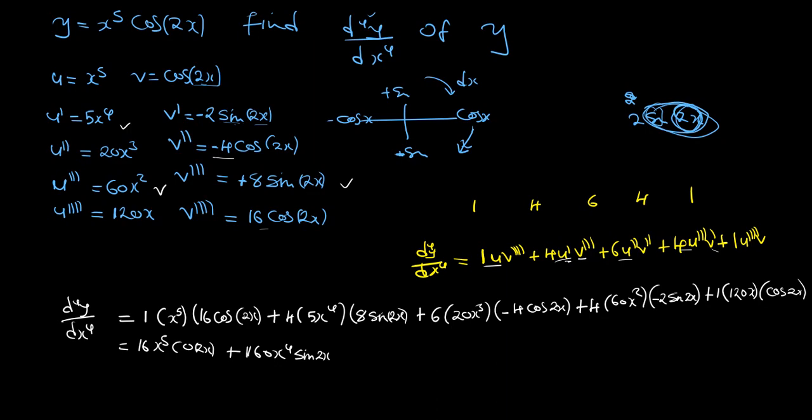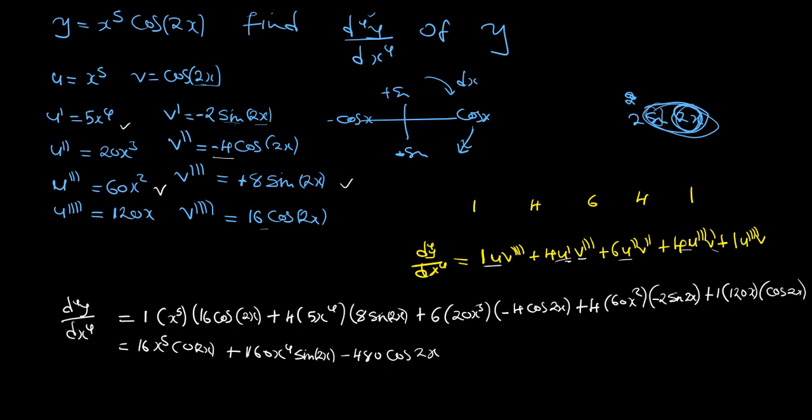Then plus, what is 4? I can see a negative, by the way, before I even reach very far. Negative 4 times 20 times 6, that is 480. So that would be negative 480, then cos 2x like that.